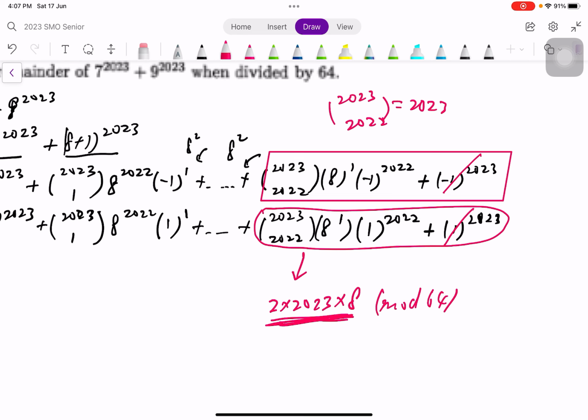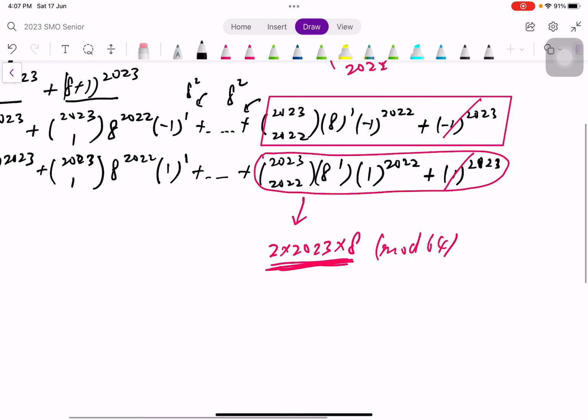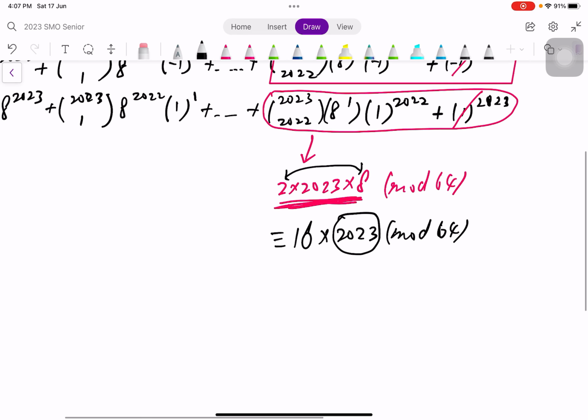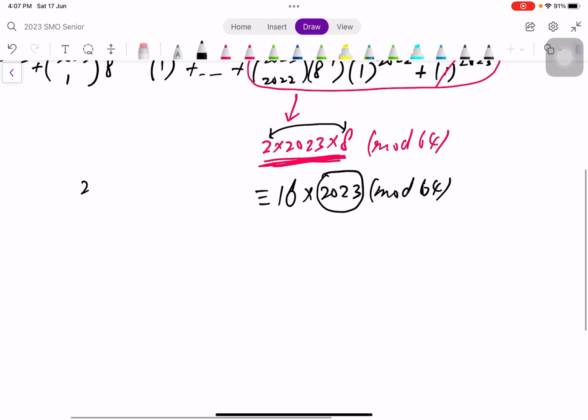And can you see that we can actually compute quite fast in this way? That means this is congruent to 2 times 8 is 16, right? 16, and then times 2023 modulo 64. Then can you see that this part here, your 2023 is actually congruent to what?